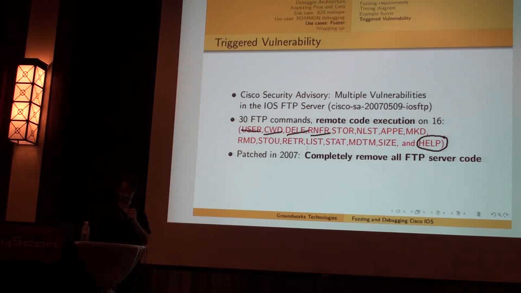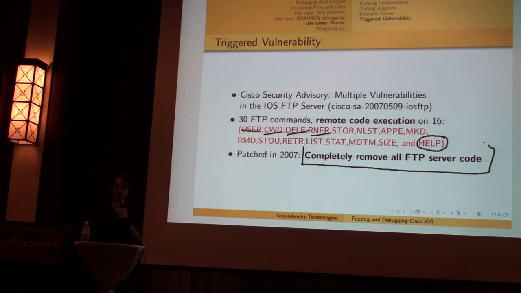And actually, the only way they can fix it is to completely remove the FTP server. Actually, remove it and fire the employees, because you cannot screw up like this. You might think this is only a single bug that affects all the commands. No, we found like 6 different bugs that were, of course, patched, or rather removed.